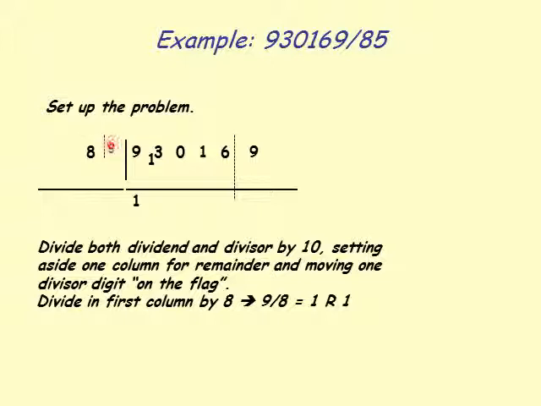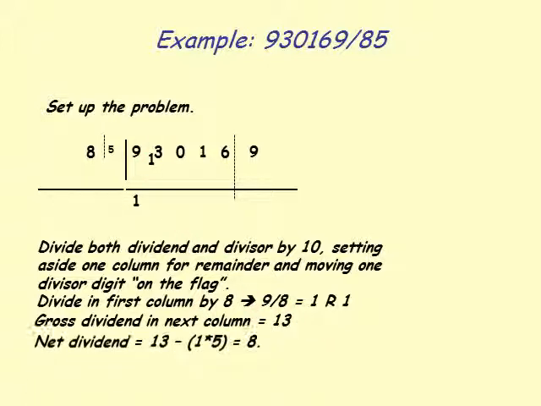We have to subtract 5 times 1 from the next dividend position. So the gross dividend in the next column is 13, which is 10 plus 3, and the net dividend is 13 minus 1 times 5, which is 8.